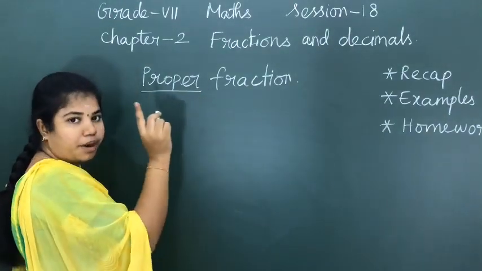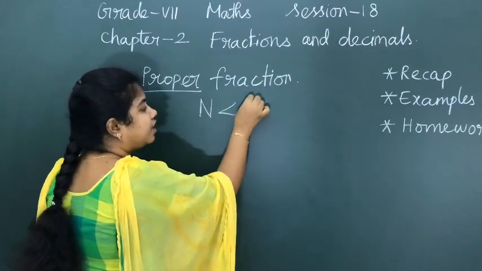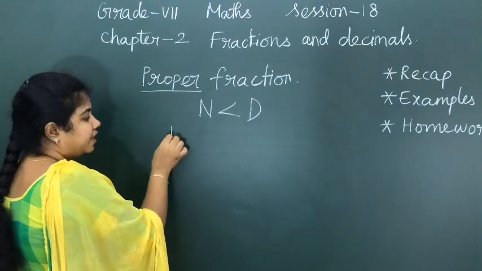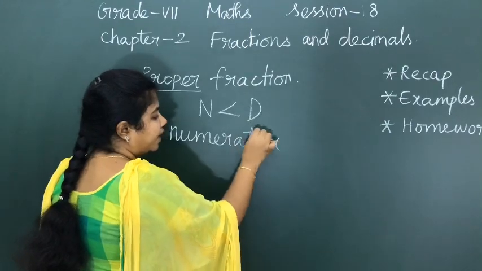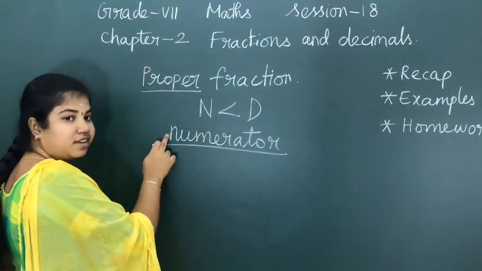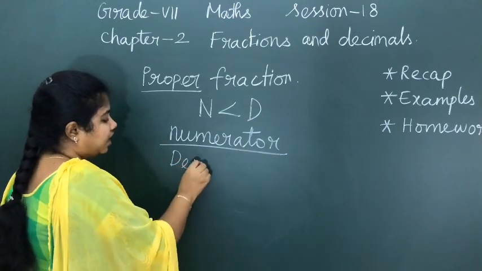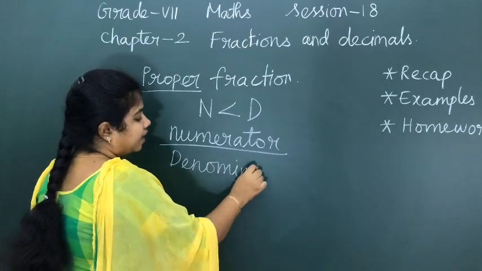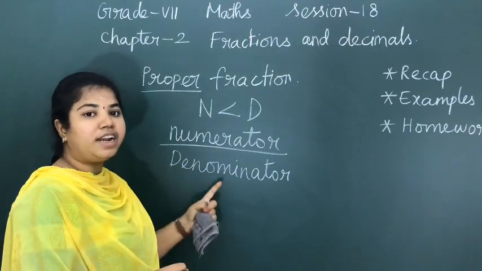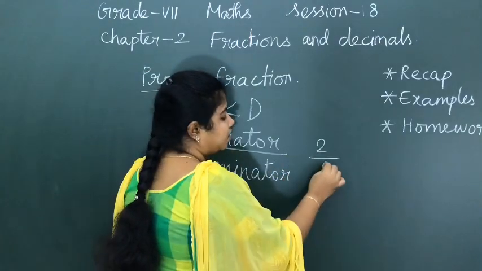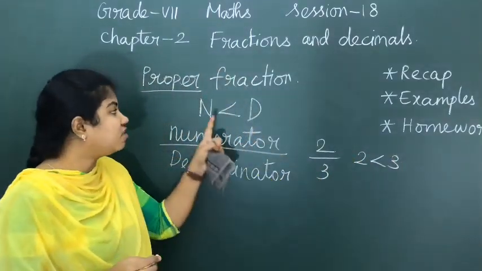Numerator, N-U-M-E-R-A-T-O-R, is the number which is up. Denominator, D-E-N-O-M-I-N-A-T-O-R, is the number which is down. When the numerator is less than the denominator, like 2 by 3, it is called a proper fraction.